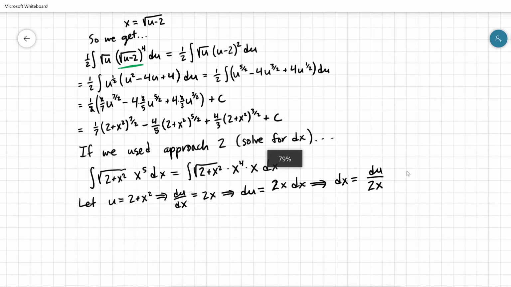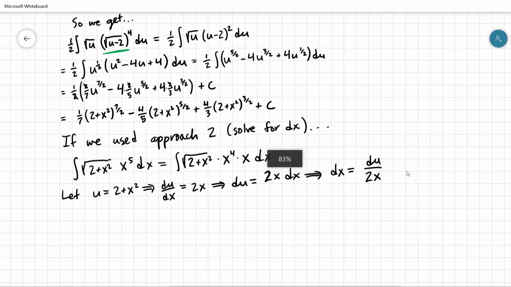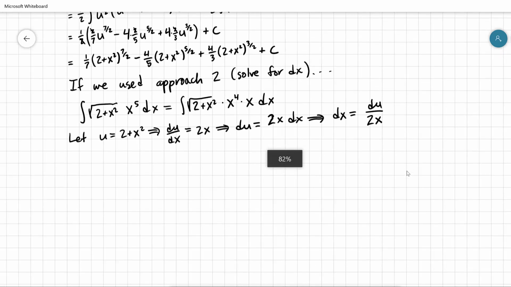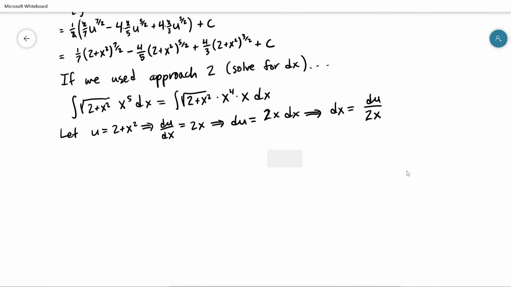We can go back to the original problem, and writing it this way, we get our integral of, rewriting that first piece, it's now just the square root of u.